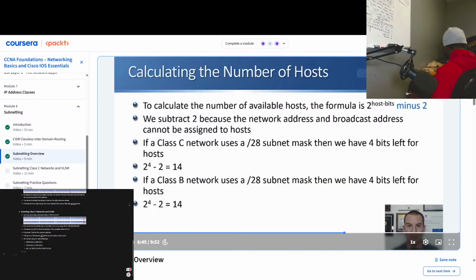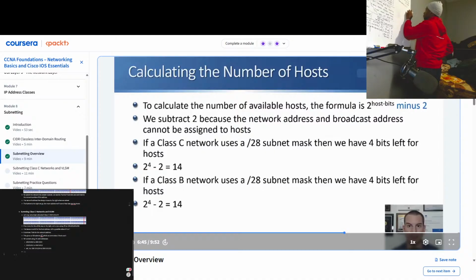Okay, so that's that. Now to calculate the number of hosts, it's 2 to the power of host bits minus 2.